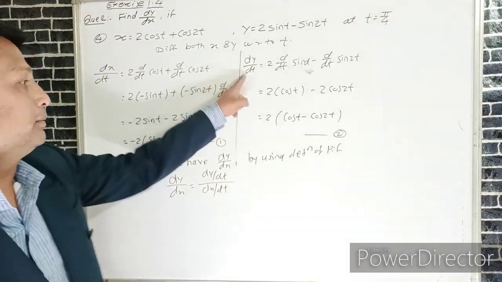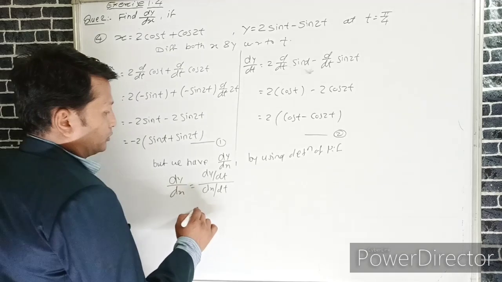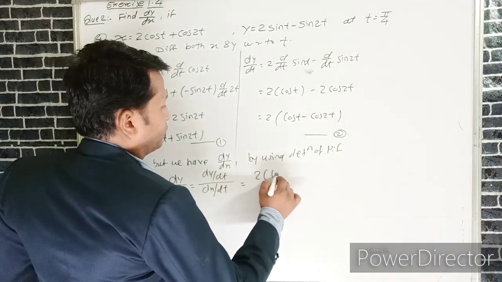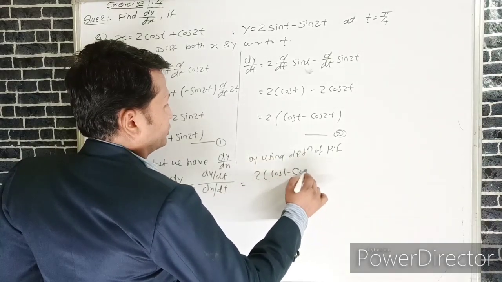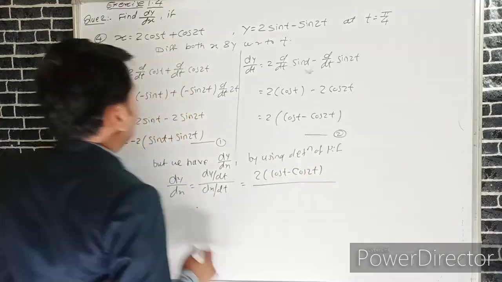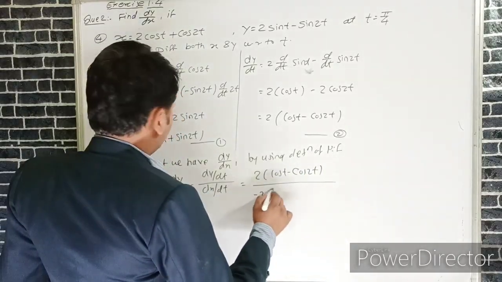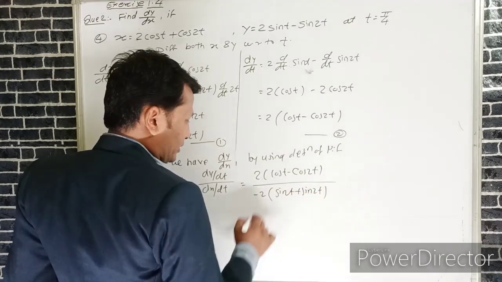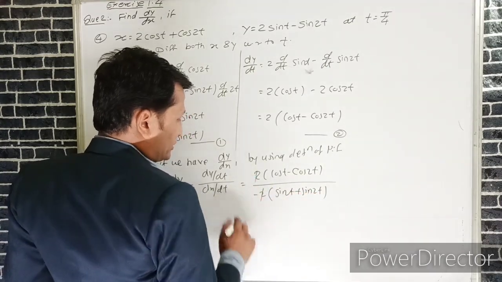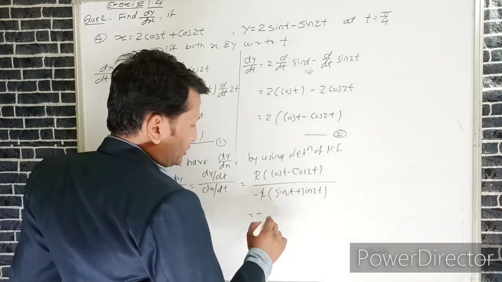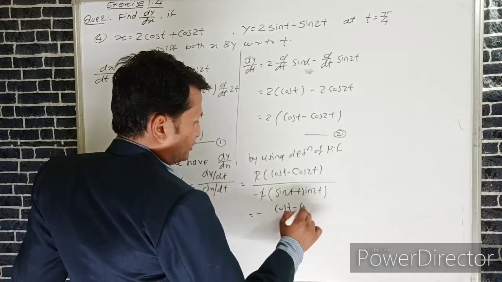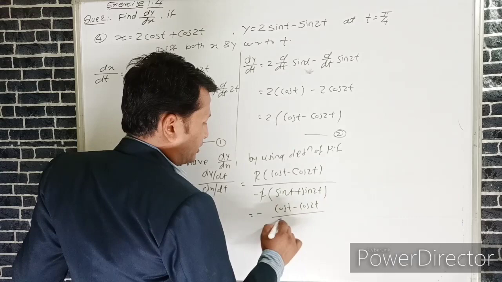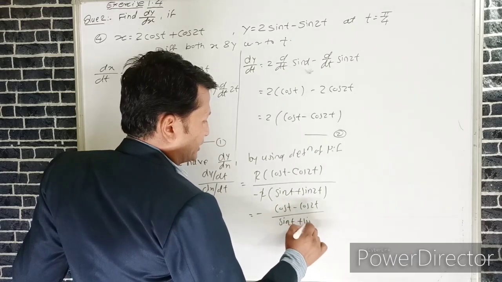We know that the value of dy by dt is 2 into cos t minus cos 2t, upon dx by dt, meaning minus 2 into sin t plus sin 2t. The 2s cancel, the negative sign goes to the numerator, remaining cos t minus cos 2t upon sin t plus sin 2t.